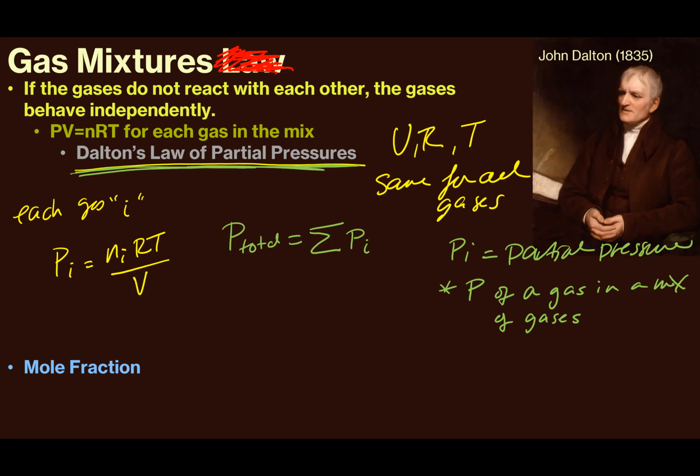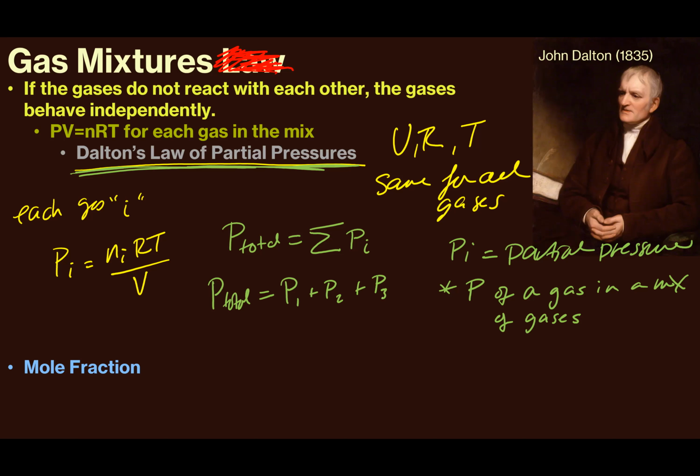Dalton's law tells us that the total pressure of the mix is the sum of adding all of the pressures together. So what that means is that P total is equal to, if you have three gases in your mix, the pressure of gas 1 plus the pressure of gas 2 plus the pressure of gas 3.